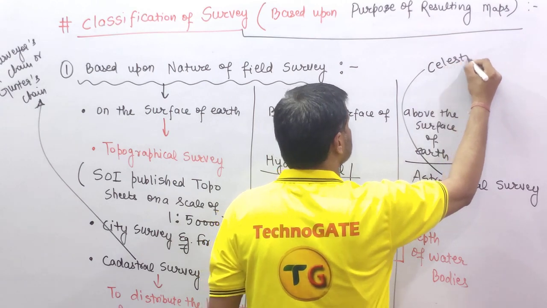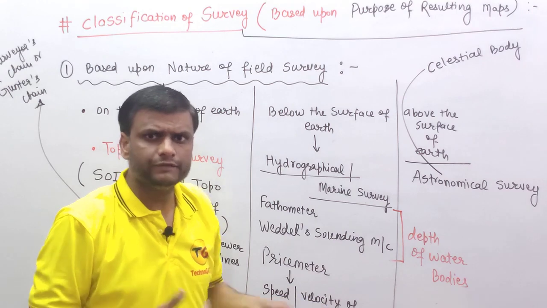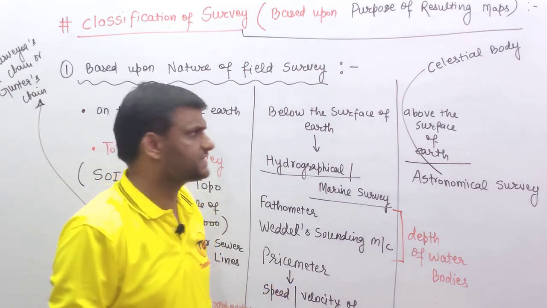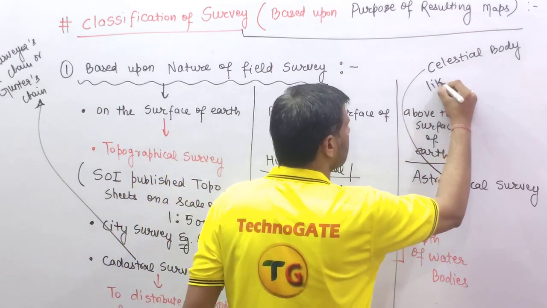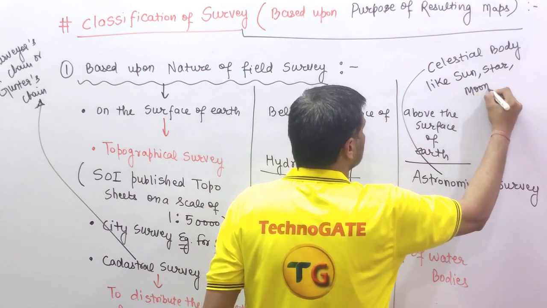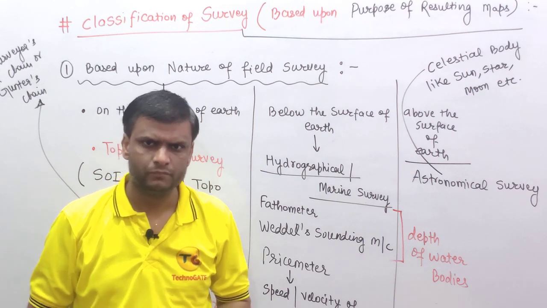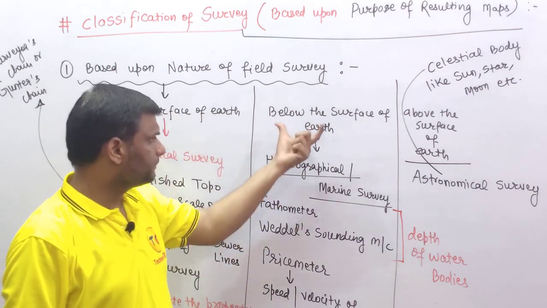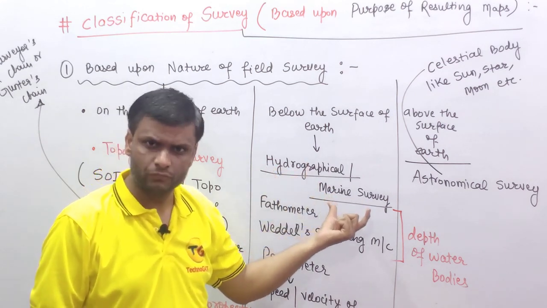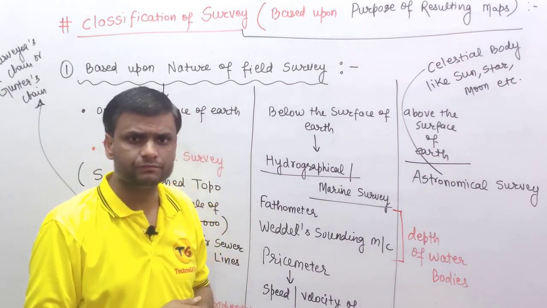It is the survey performed to know the position, the time, and the duration between celestial bodies, like sun, star, moon, etc. So, if I am concluding, below the surface of earth the survey performed is called the hydrographical or marine survey, to measure the depth of sea and rivers.